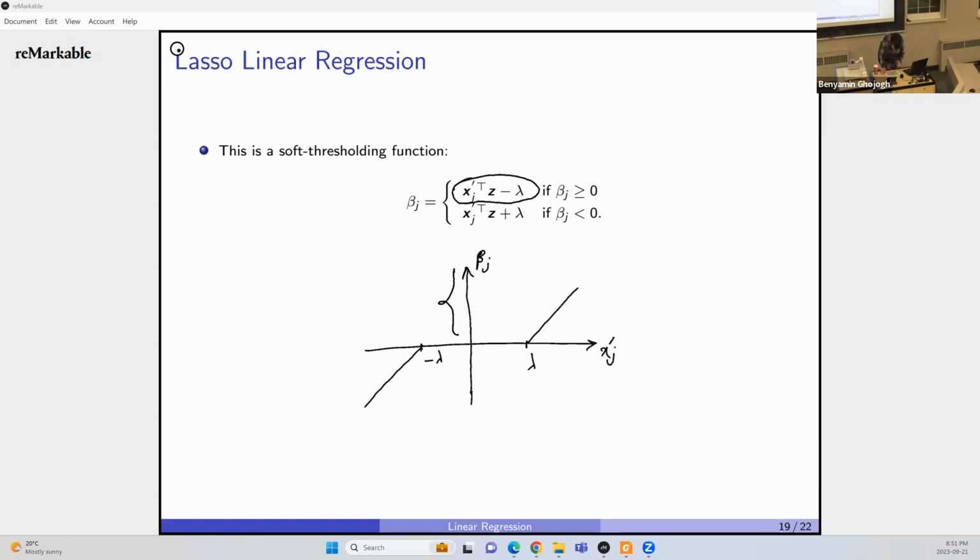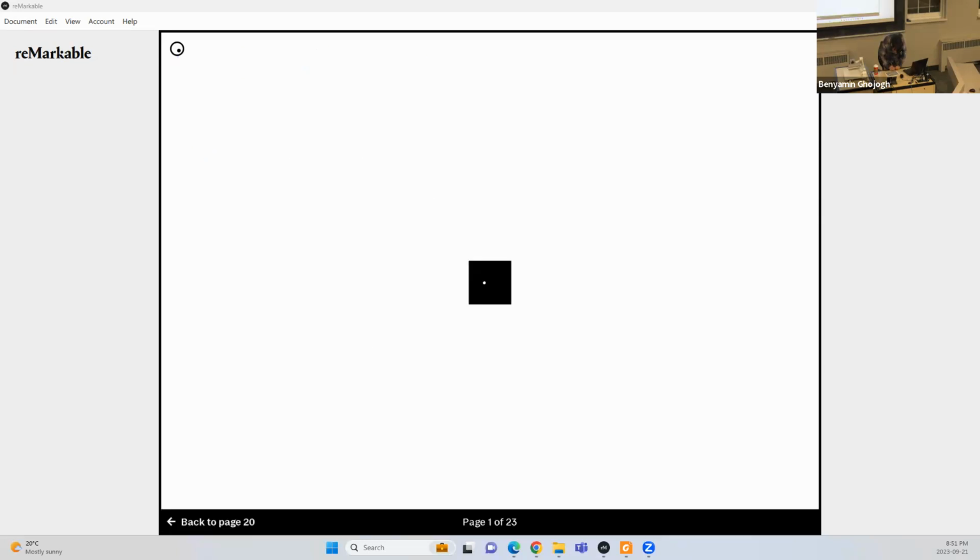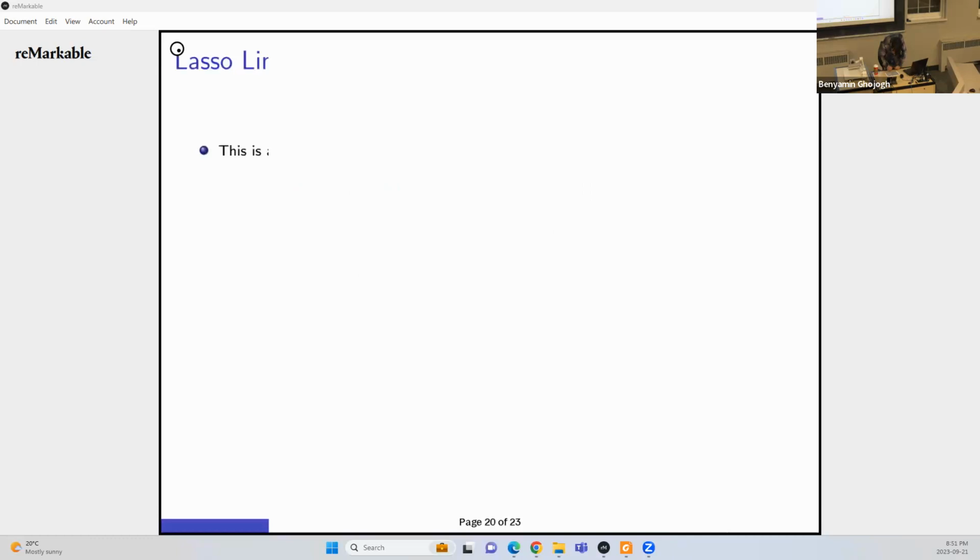This is a line with respect to xj prime, right, with the slope, whatever you say, z, and minus with the intercept lambda. This one is exactly this line, so I'm in this region. Now for beta j less than 0, this must be here. For beta j equals 0, I should connect these two together.